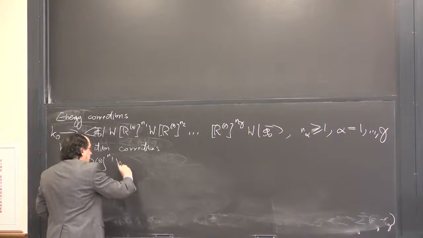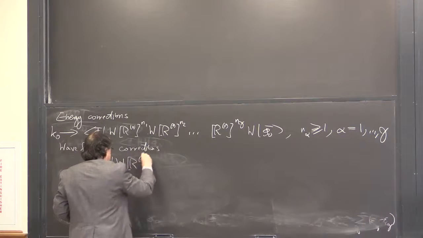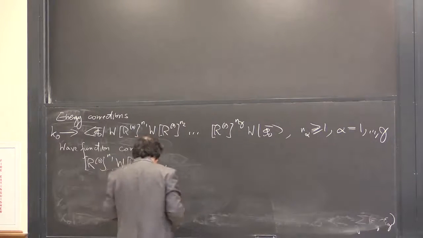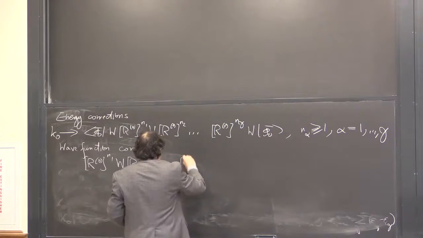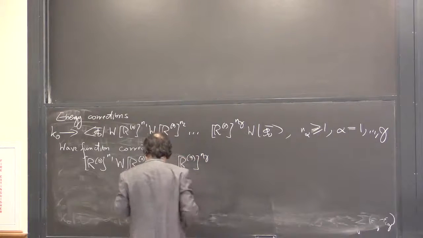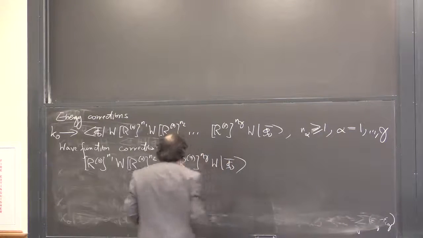Then I have a W, then I may have another resolvent if I'm in sufficiently high order, and then you continue, and the last term in the expansion will be, again, R0 to the power n gamma, and then W acting on phi0.